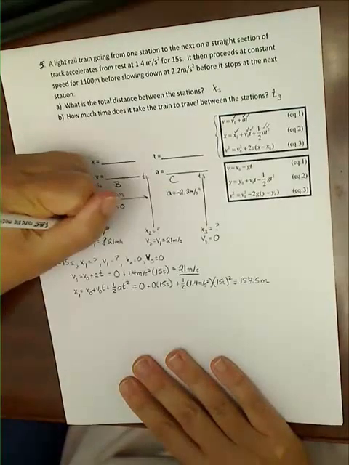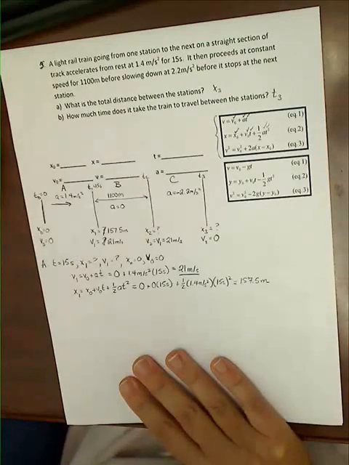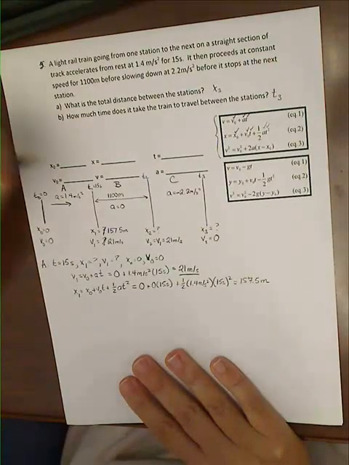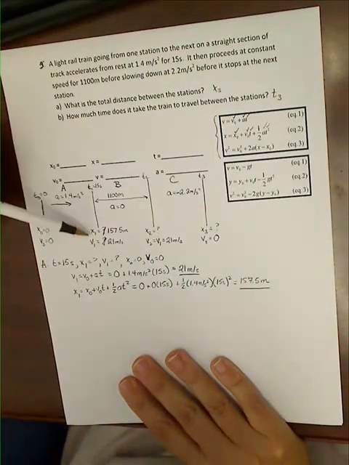So now I know I've got 157.5 meters. Okay, so I've got everything I need for position 1, and remember, this isn't my final answer, so we're not going to round anything off to significant figures at this stage.